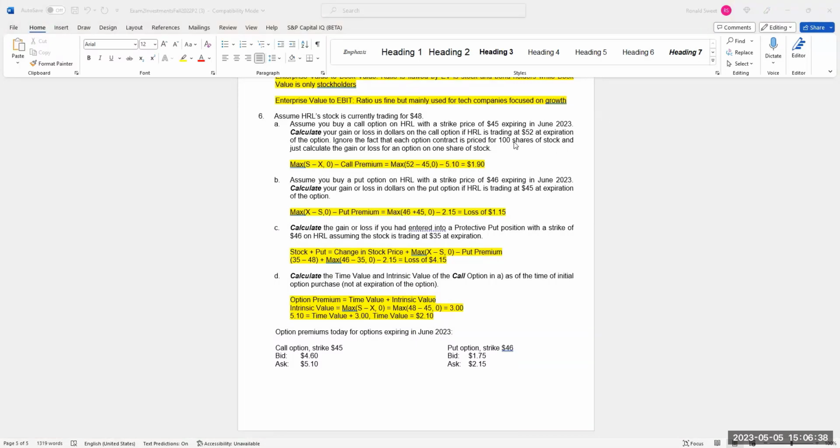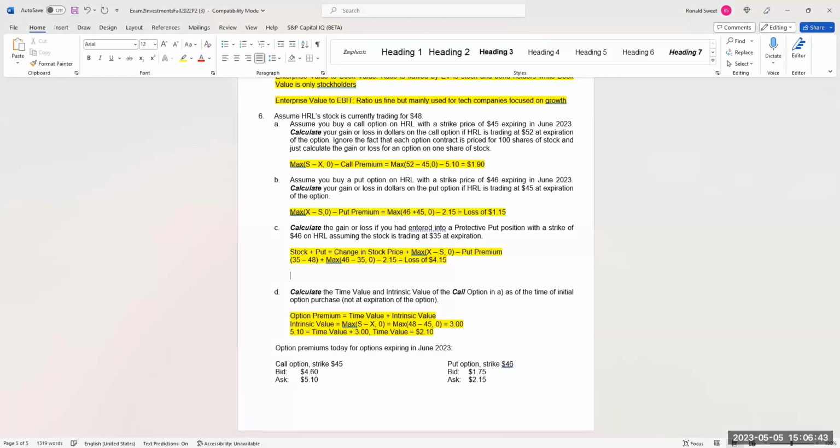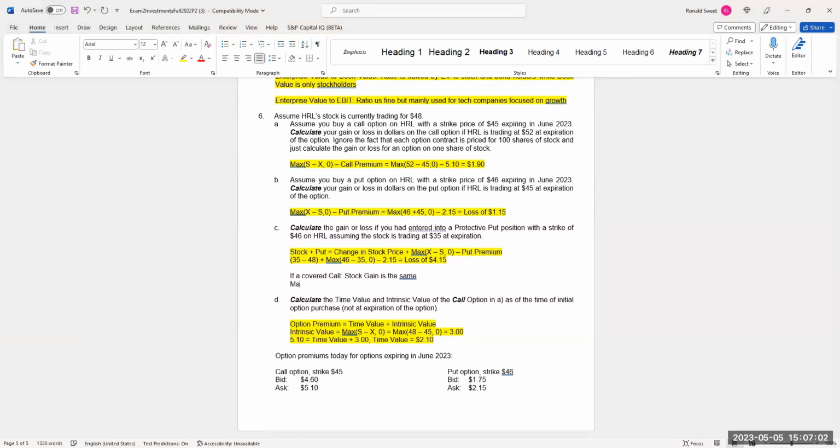So covered call, if we did a covered call, I don't have the number set up here, but if you did a covered call, the stock gain is the same. You don't change that. So the stock gain would have been a loss of 13. And then you would have done max of stock minus strike, comma 0, minus the option premium, but use bid, not ask.